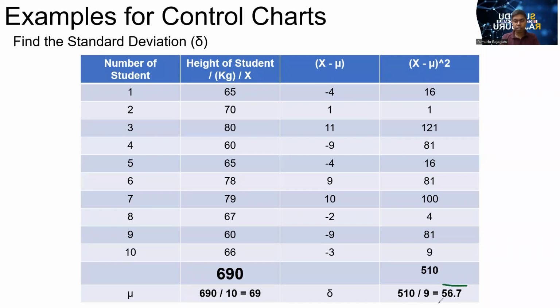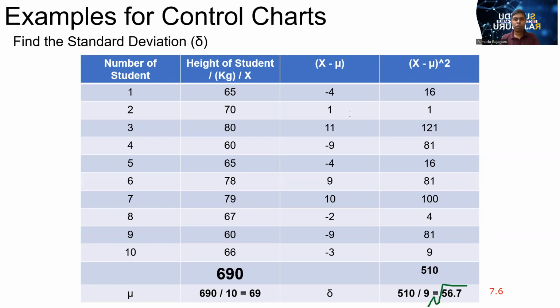We can use a scientific calculator to take the square root. It is maybe 7 point something, 7.6 or so. It can change slightly, but by observing that 56.7, I am saying it is maybe 7.6. So our sigma value is 7.6.